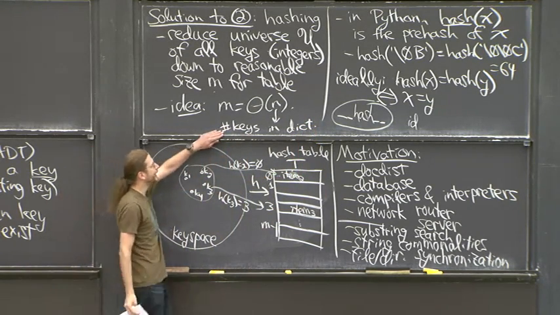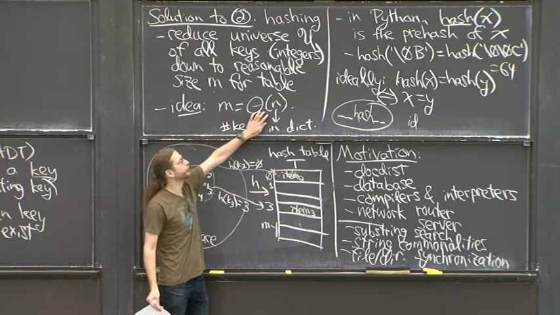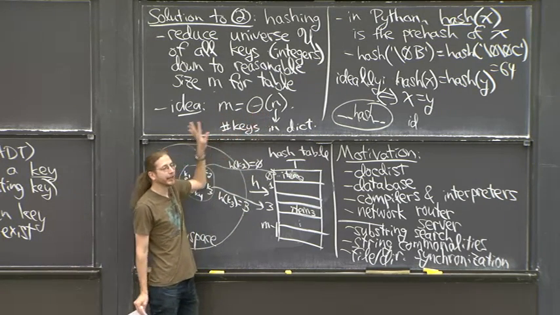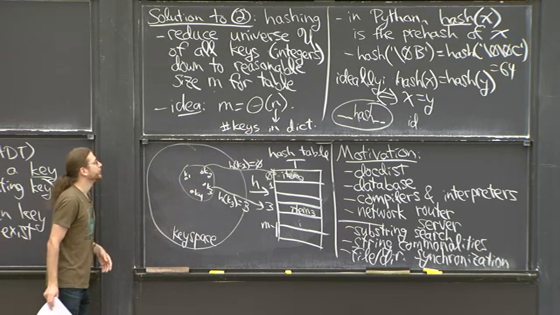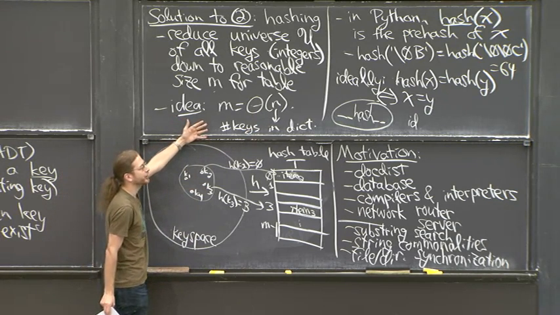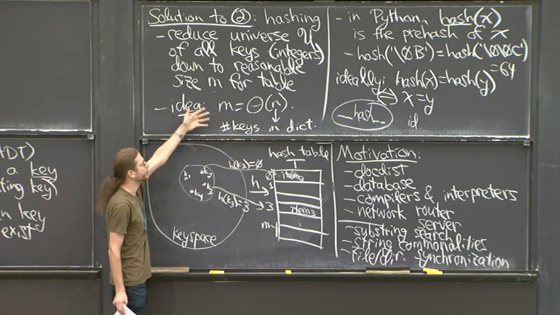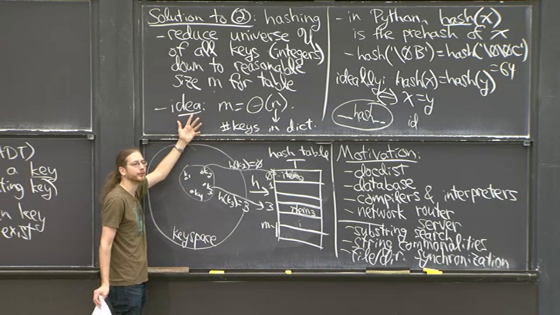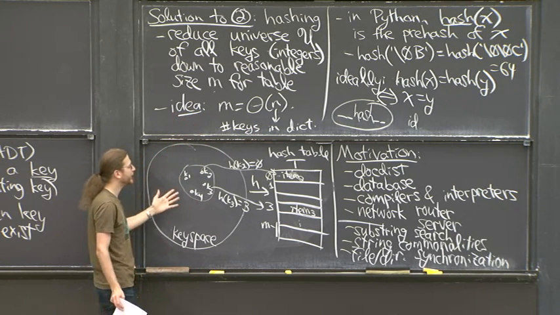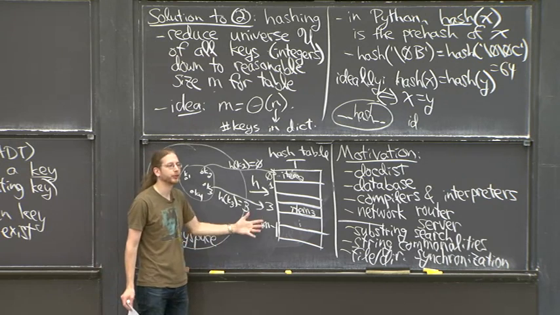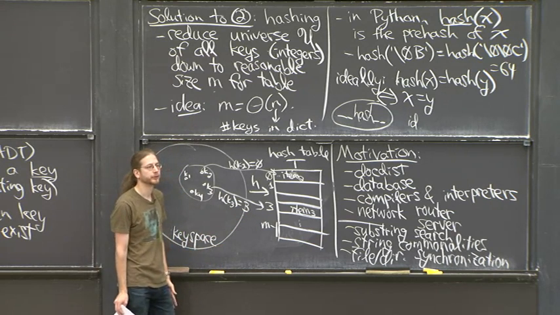So if we could achieve that, the size of the table being proportional to the number of keys being stored in the dictionary, that would be good news, because then the space is not gigantic and hoggish. It would just be linear, which is optimal. So if we want to store n things, maybe we'll use 2n space or 3n space, but not much more.